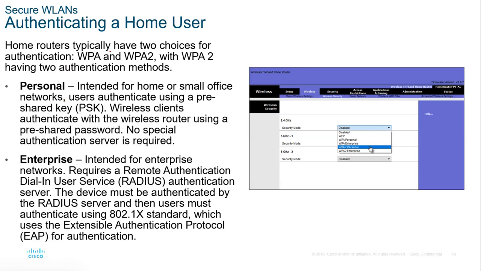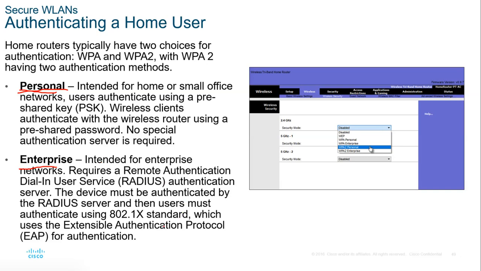So authenticating a home user, as you can see, we have personal and enterprise. For personal, the options are here under the AP, and those settings reside on that very device. But when it comes to enterprise, it means that you have a server whereby all the authentication keys, details, and passwords have to reside on the server.